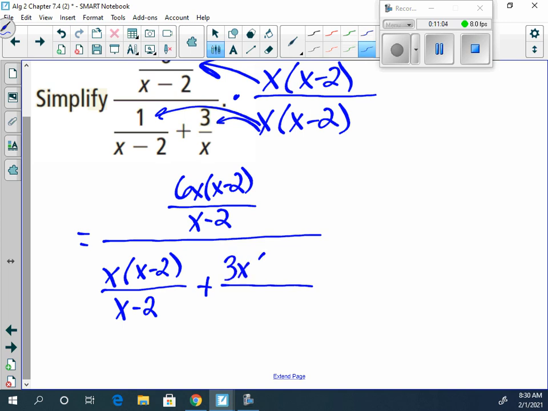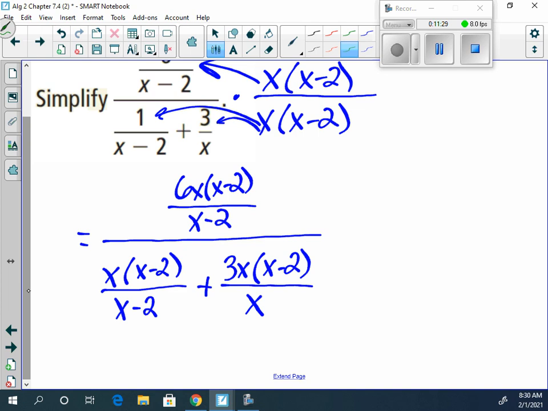Well, 3x times x minus 2. And we'll multiply through and simplify this here in a minute, but I want to leave it in this form for now. Something really nice is about to happen. So we good with this here so far?